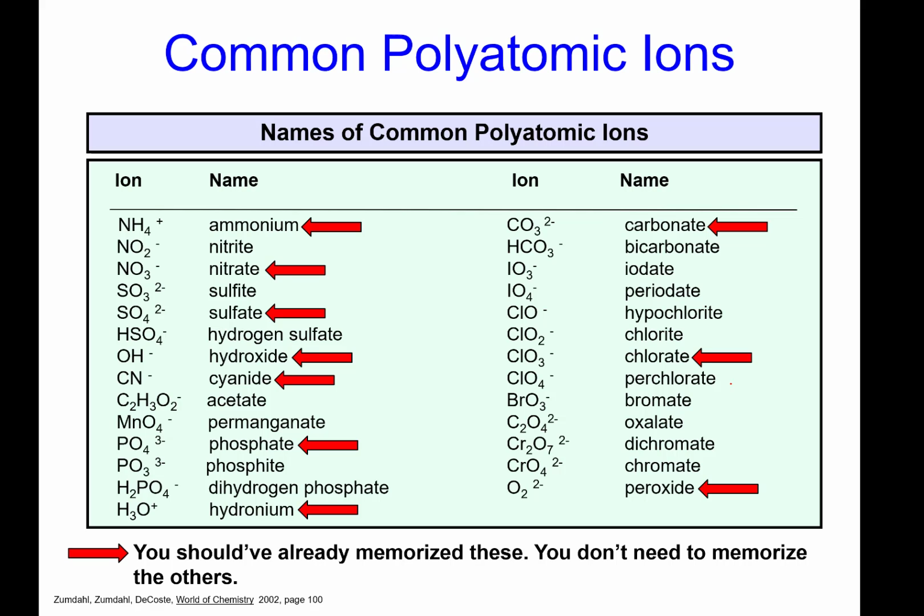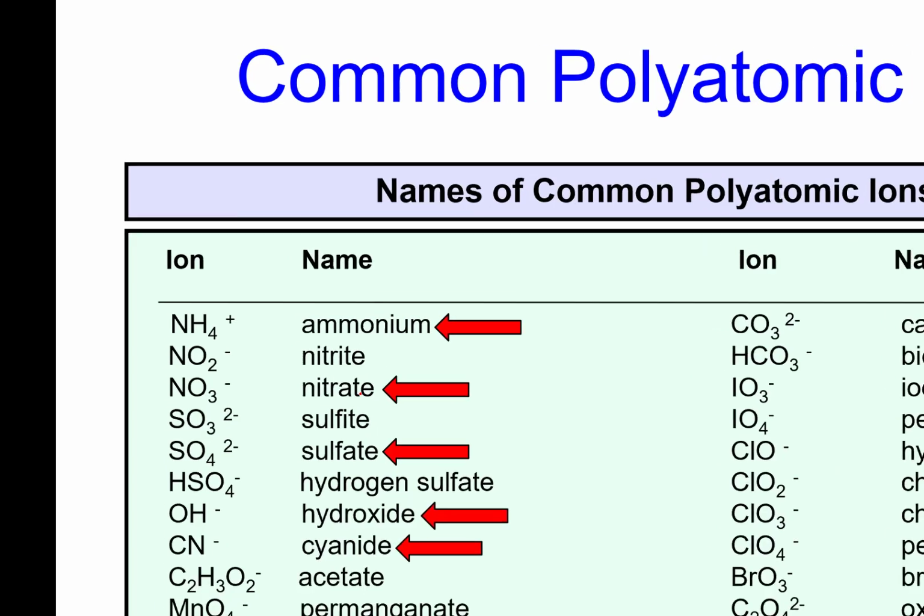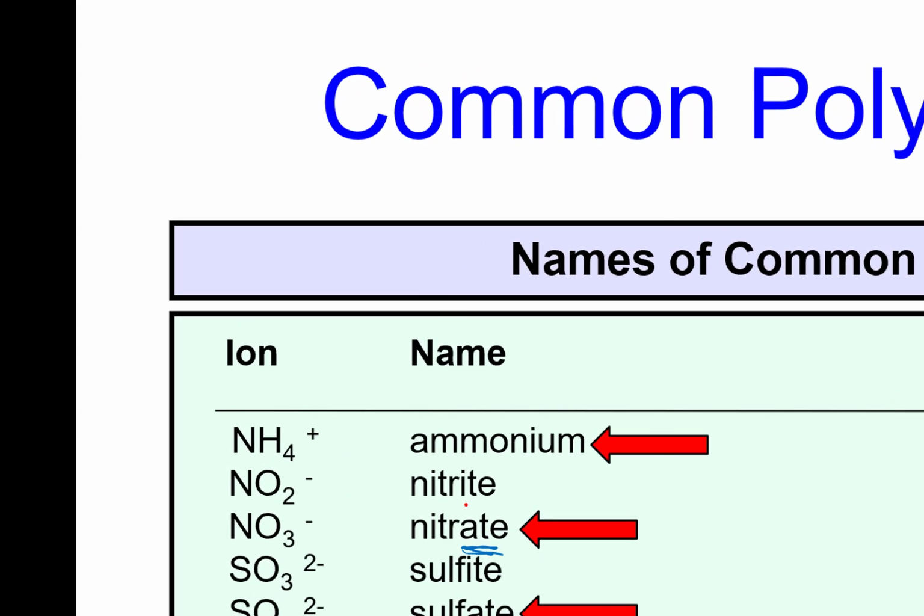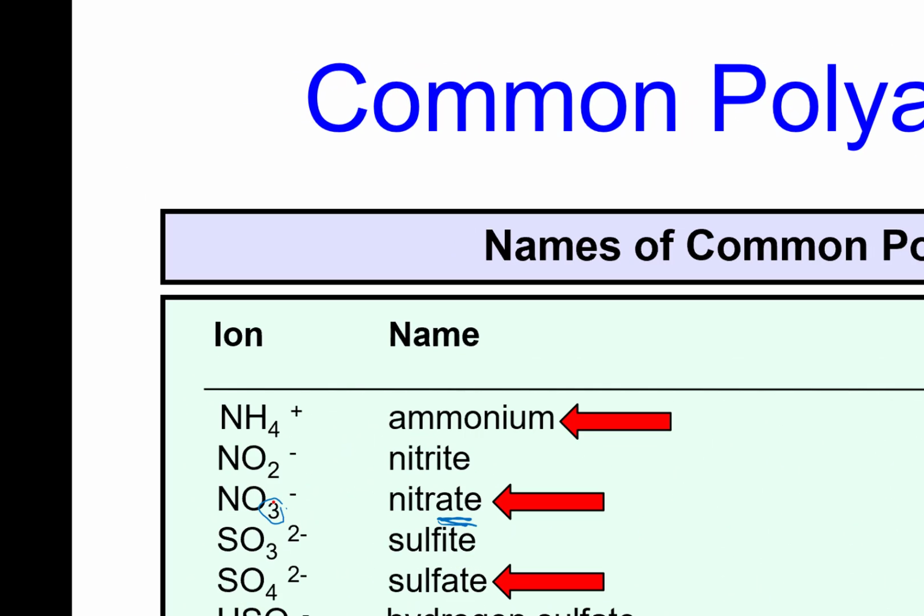They're in red. One thing I want to point out that might help you as you talk about polyatomic ions and their formulas, if you'll notice, nitrate has 3 oxygen atoms. Nitrite has 2, 1 less than nitrate.